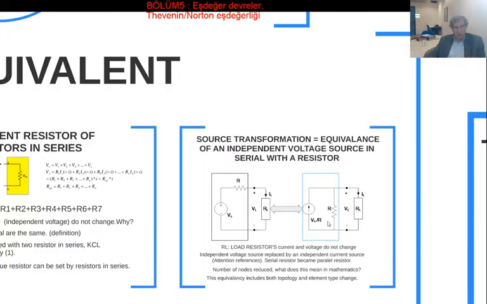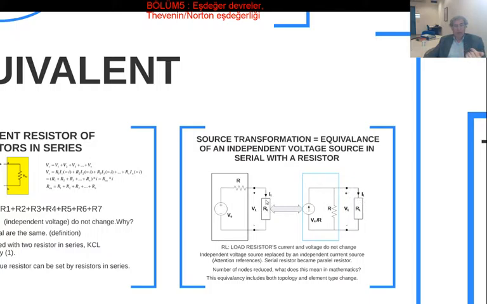So how are you going to prove that these are equivalent? All you've got to do is calculate IL in the first circuit and IL in the second circuit. You're going to see that these two currents are the same. And since these are the same, multiply those currents with the RL value, and you're going to get that the voltages are also the same.